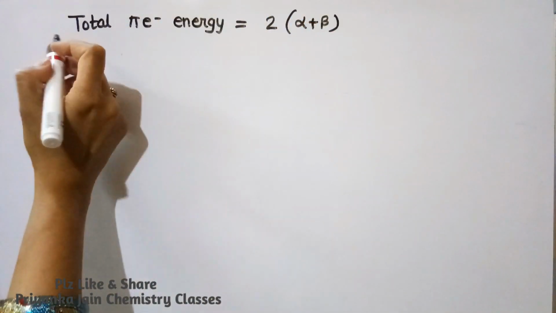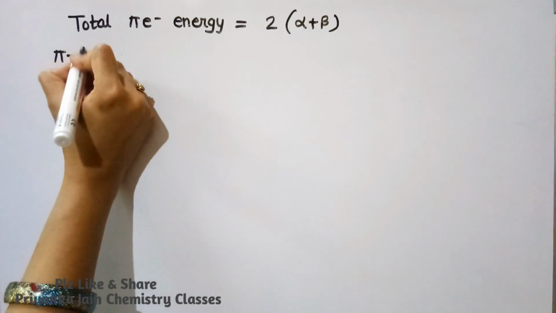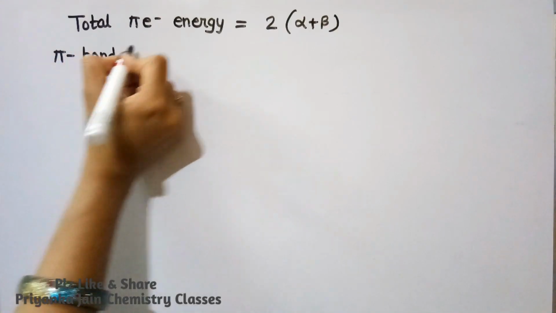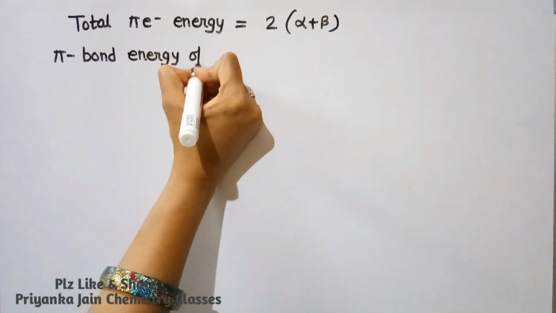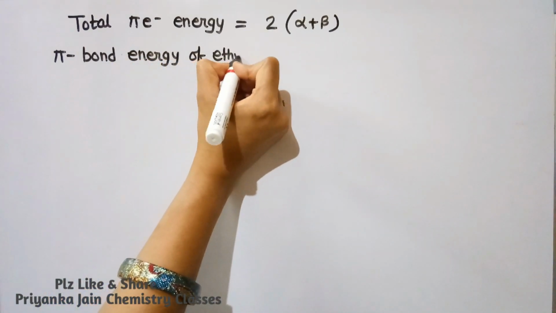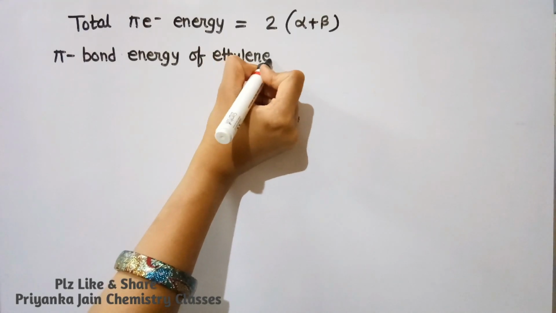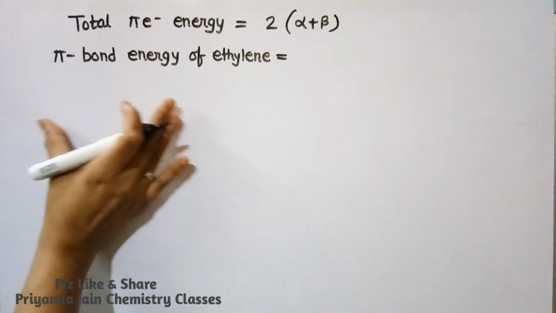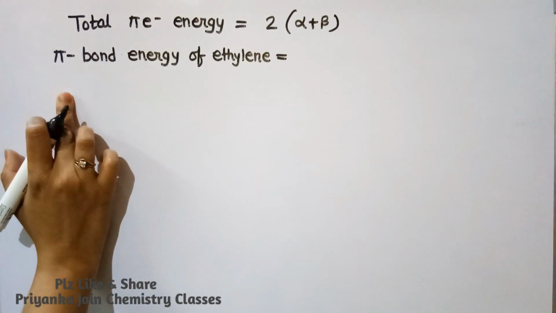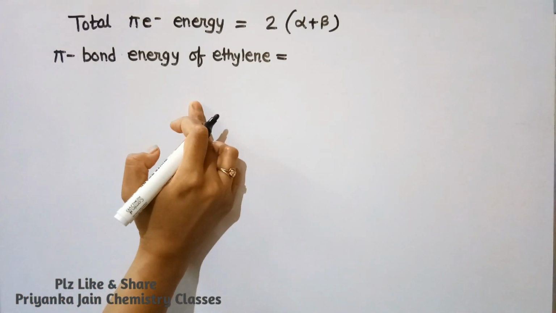But if we have to find out the pi bond energy, these are different terms. If we have to find out the pi bond energy of ethylene, then what do we have to do? For this, assume the two electrons are present in two different pz orbitals, one pz orbital of one carbon atom and another pz orbital of the other carbon atom.